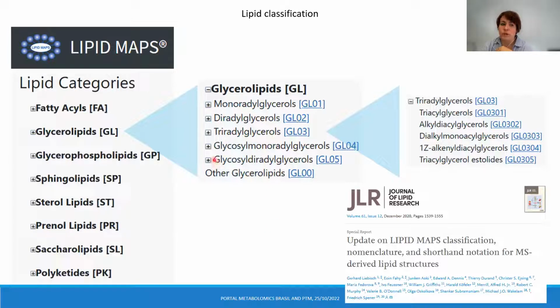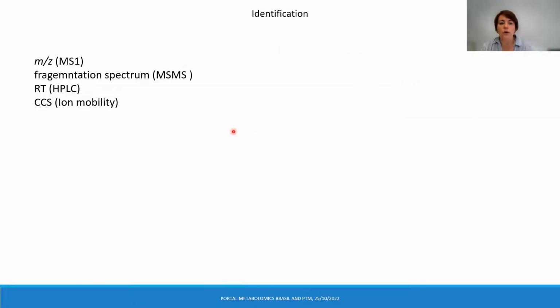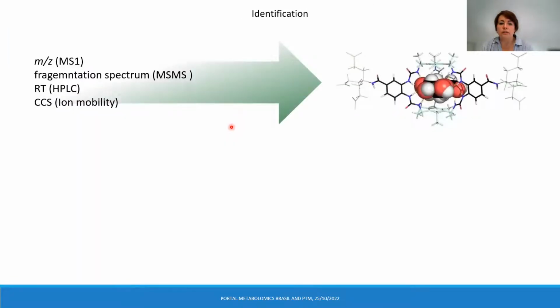Also, in terms of the nomenclature and how to present the lipids, but about this I will talk in more detail in a few minutes. So in general, when measuring our lipids or metabolites, we can acquire different characteristics. We can measure different parameters, depending on the equipment that we have.